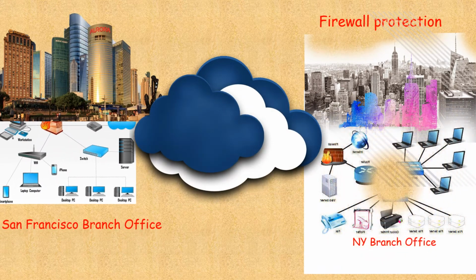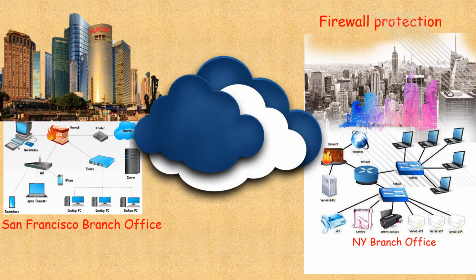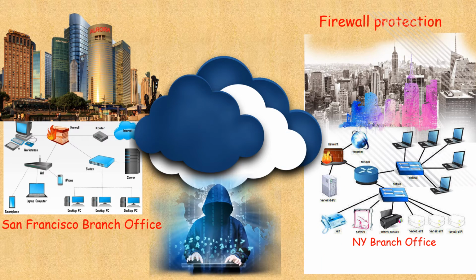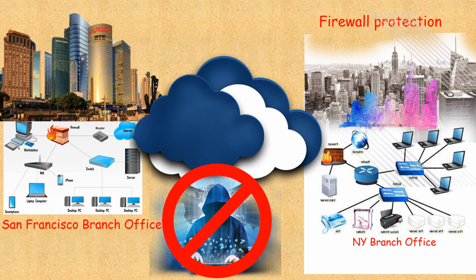So, data traffic from PCs from New York to the San Francisco branch and from San Francisco to the New York branch should be configured to be allowed to pass in both firewalls, Firewall 1 and Firewall 2, while denying the traffic coming from outside PCs that don't belong to these two networks.